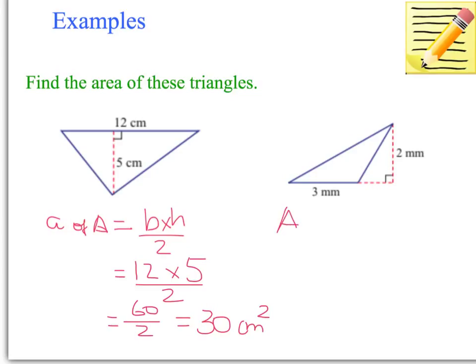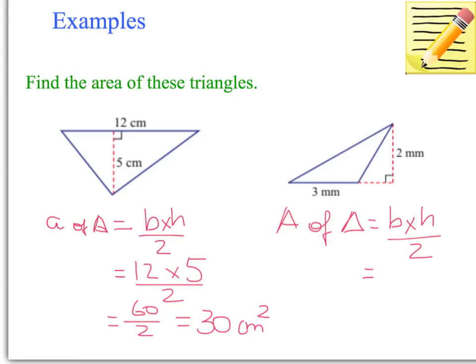Okay, area of a triangle equals base times height divided by 2. And in this case, we have the base is the 3 millimeters, and the height, you can see you had to draw the dotted lines out there because the vertex wouldn't connect with the base inside the triangle, so we had to draw it outside the triangle.